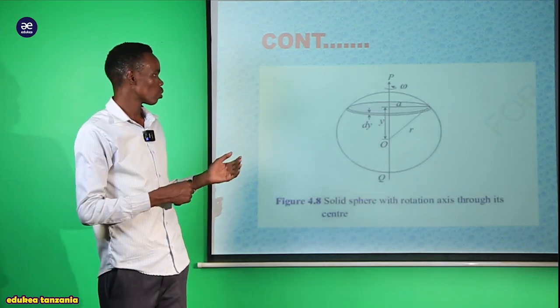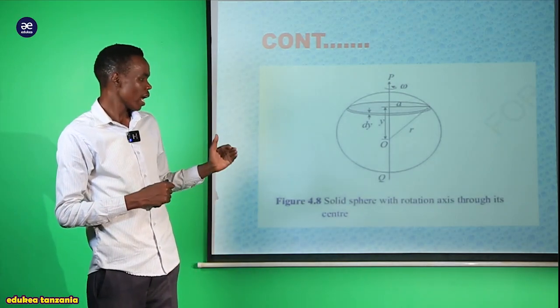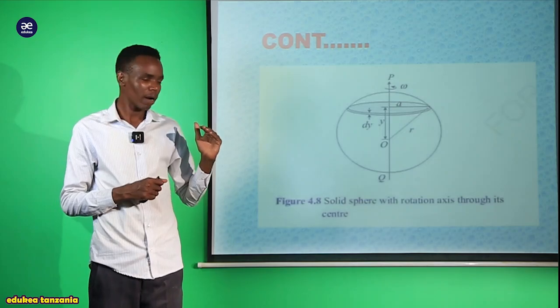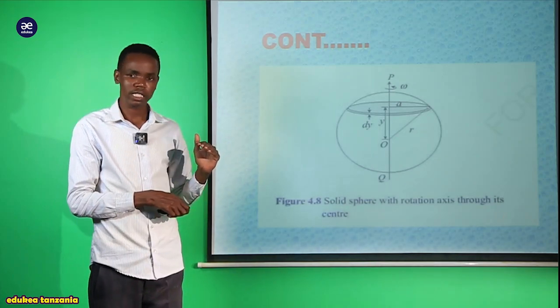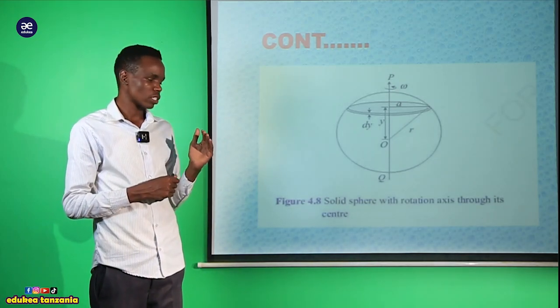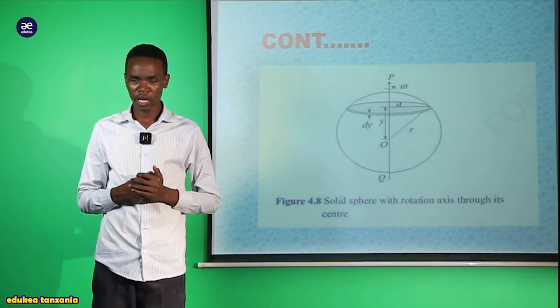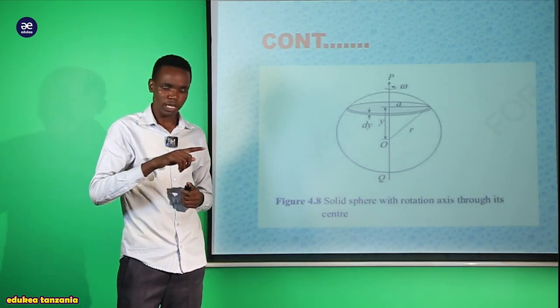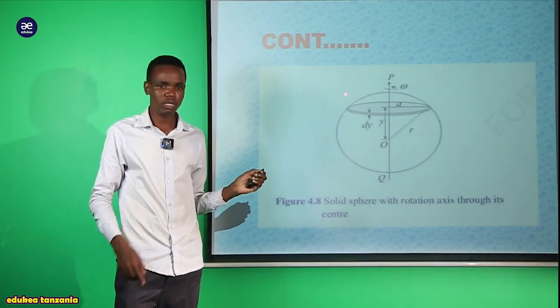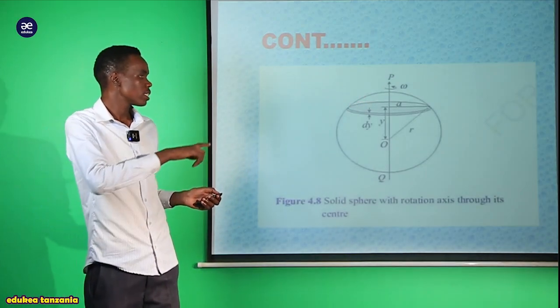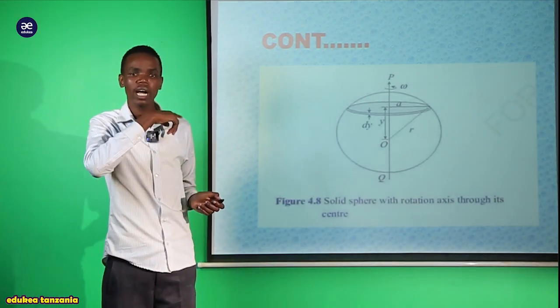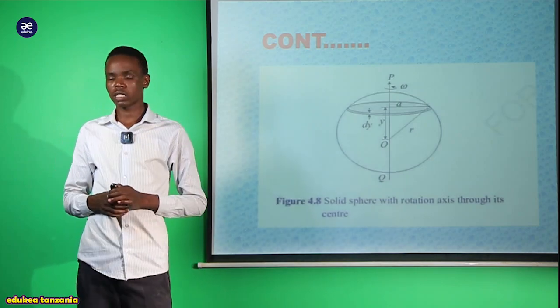So as we observe here, we have our solid sphere with a rotation axis through its center, and the solid sphere is trying to rotate on an axis through its center.